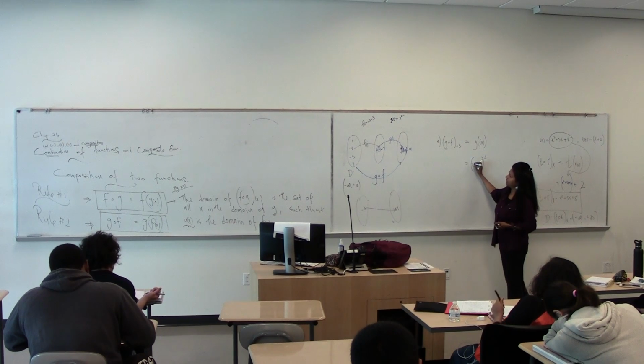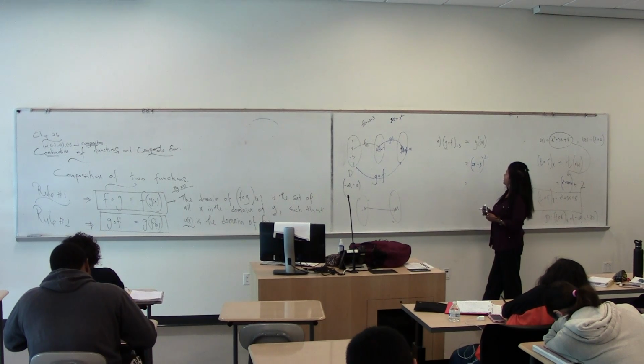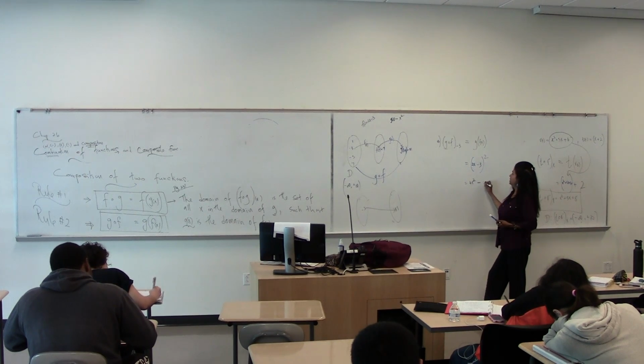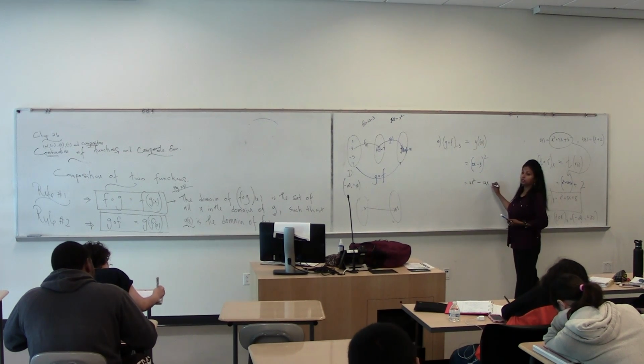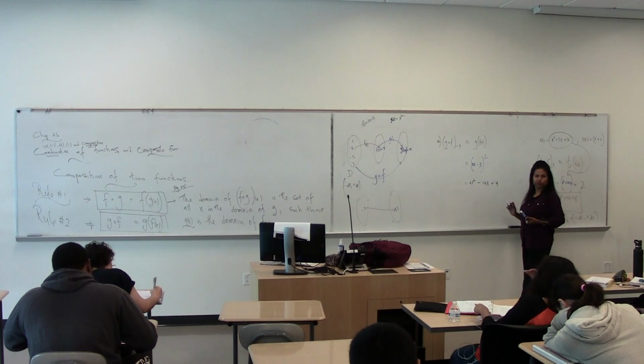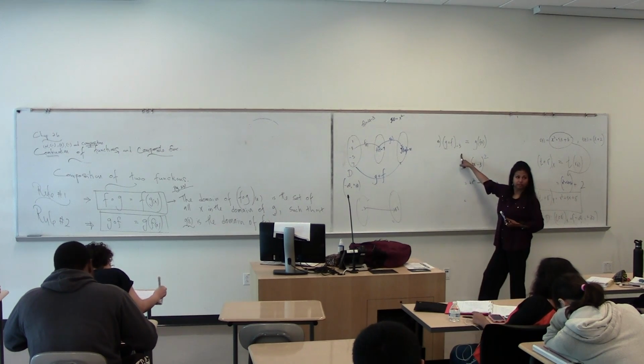So write f of x inside: (2x minus 3) squared. Now simplify this. 4x squared minus 12x plus 9. Are we done? No.